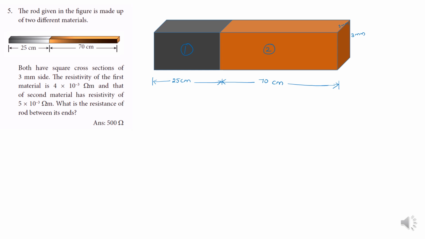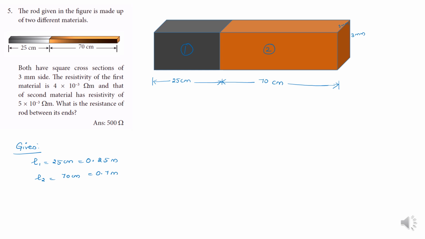So shall we write the given data? Given: length of first material is 25 centimeter, which is 0.25 meter. Length of the second material L2 is equal to 70 centimeter, which is 0.7 meter.